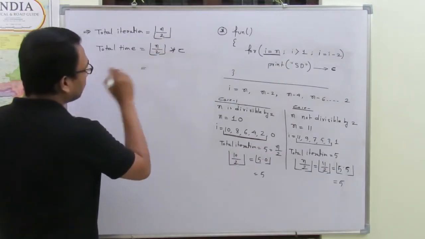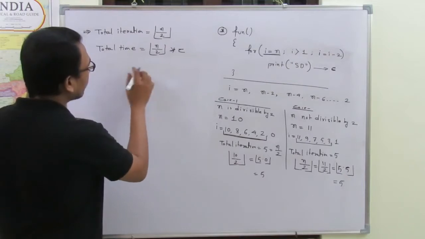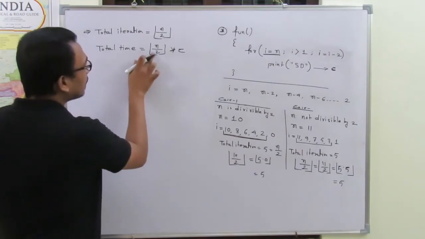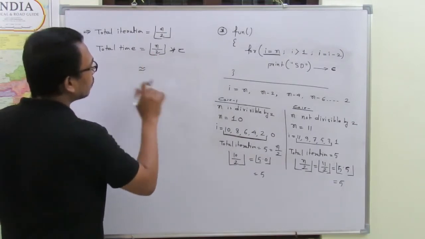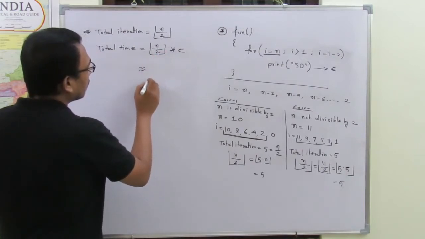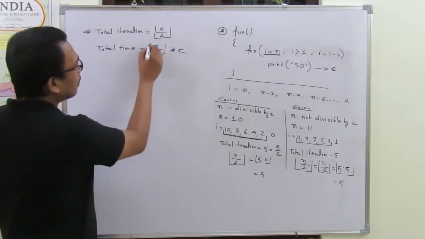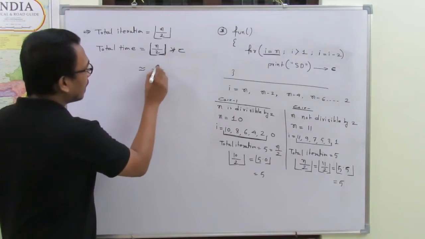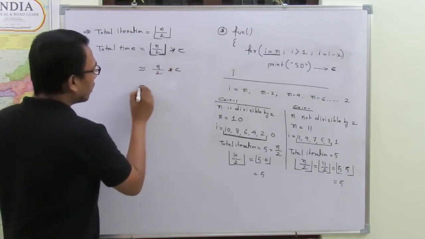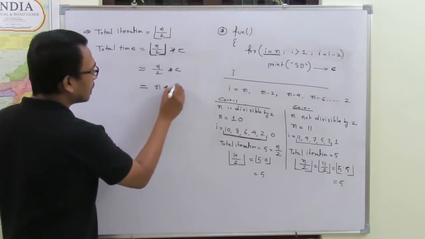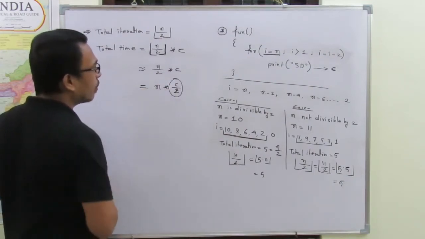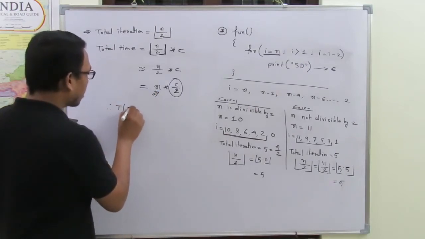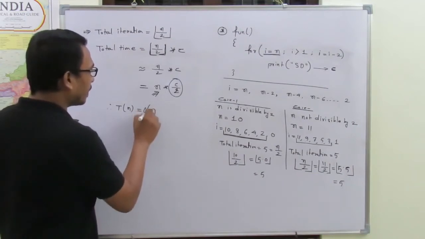So this will become approximately, this 2 is a constant, so we can remove this 2 and we left with, for time complexity we remove this floor from this particular expression, and we left with n by 2 into c, and from here we will get n into c by 2, and this whole as a whole is a constant, so we left with only n. Therefore the time complexity will be n, order of n only.